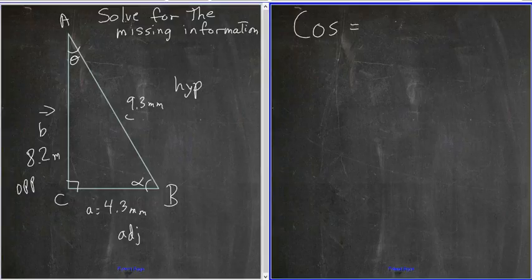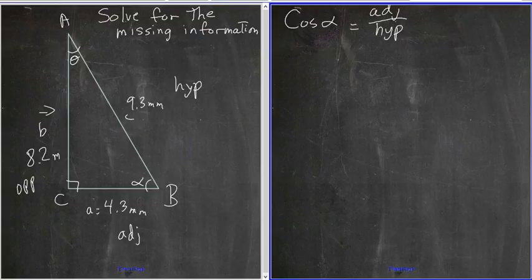which is equal to adjacent over hypotenuse. More specifically, cosine of angle B, or depending on how I want to write this, cosine of theta.